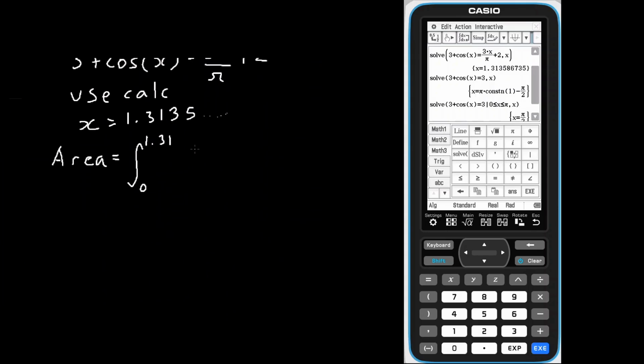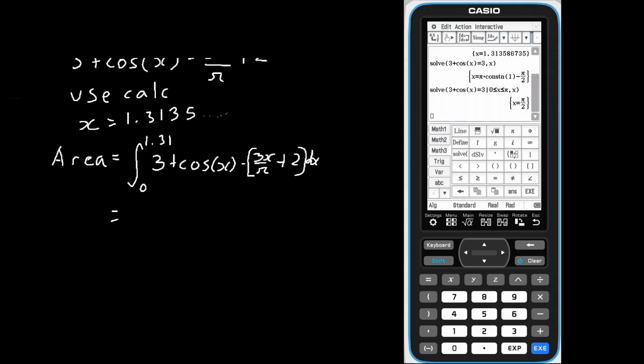So that is 3 plus cos of x, all in brackets, minus 3x all divided by pi plus 2, dx.